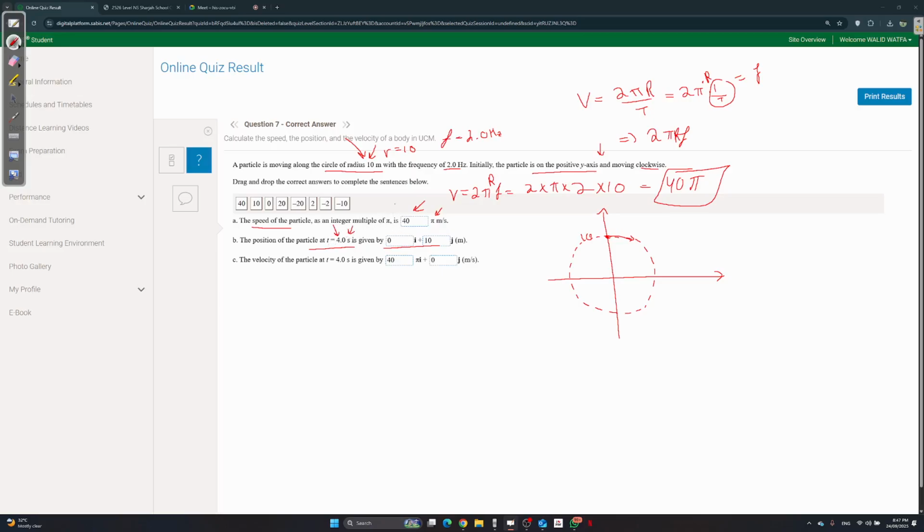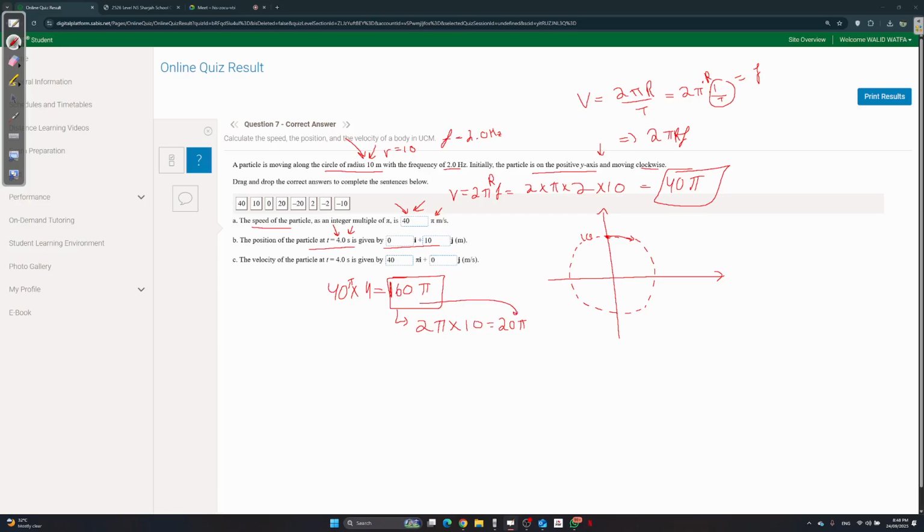Anyways, the position of the particle at t equals 4. We figured out that the speed is 40 pi meters per second. So at t equals 4, we would have traveled 160 pi. Now you need to know, I started here, I traveled 160 pi, where am I going to be? The step you do after this is figure out how much is the circle. So the circle is 2 pi r, so it's 20 pi.